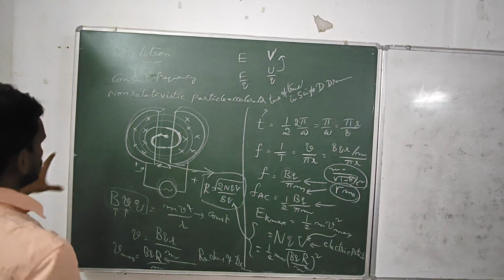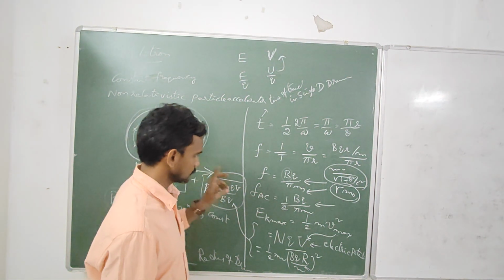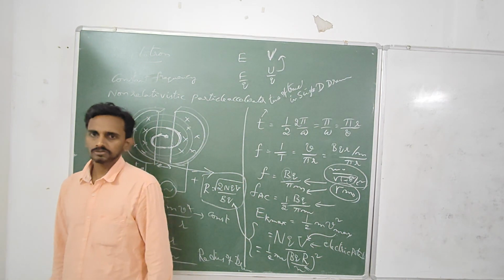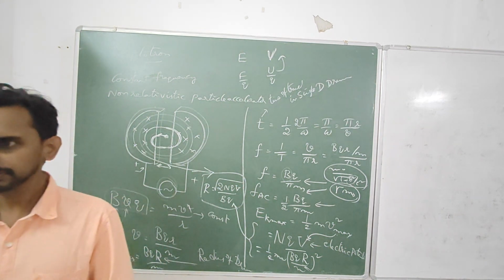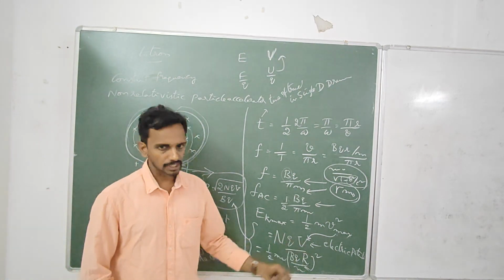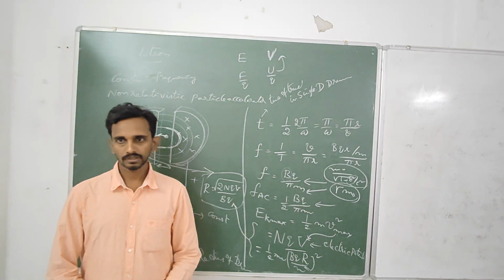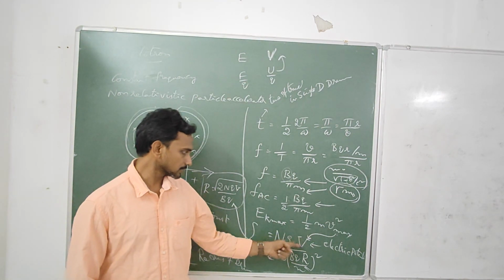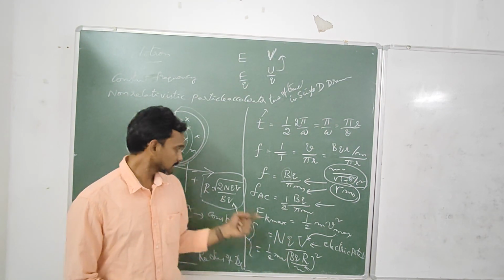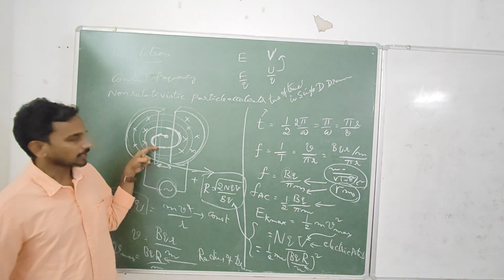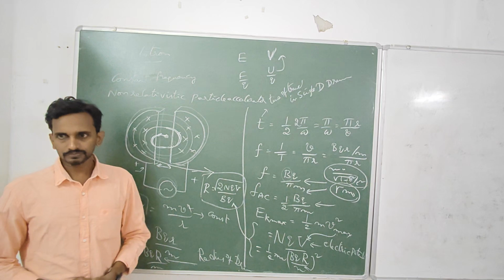Right, so our ultimate aim here is to obtain some maximum velocity. So what are the control parameters for that? One, strength of the electric field. So if you raise the electric field strength, what happens? At every cycle, a particle gets accelerated more and more.